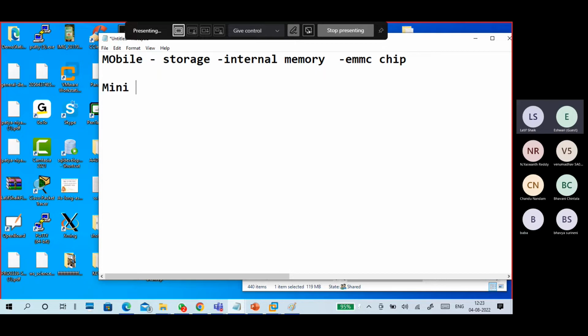Mini laptops, notebooks, mini notebooks. eMMC is used as the internal part.